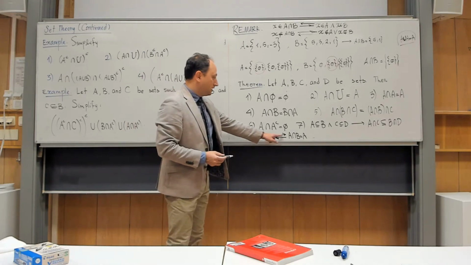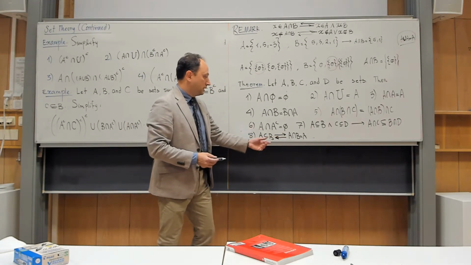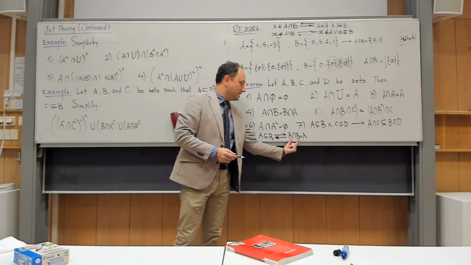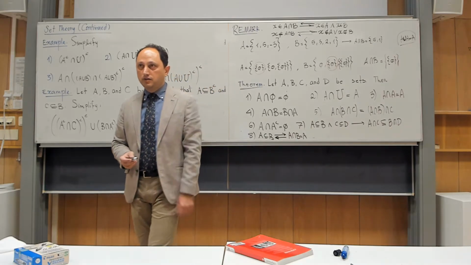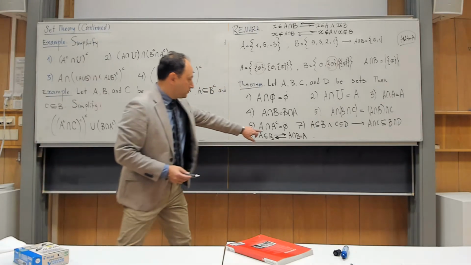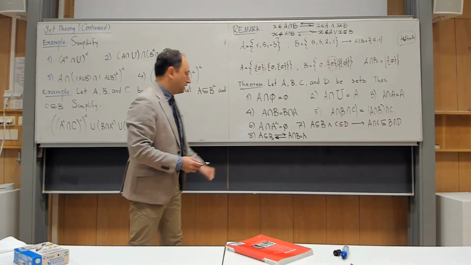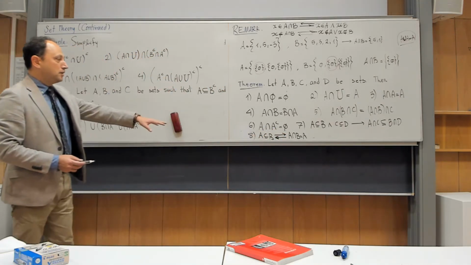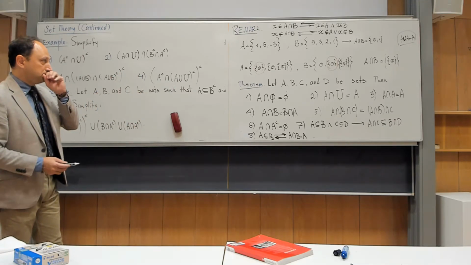So this one is more or less trivial. The other one is also very interesting to know. If the intersection of two sets is equal to one of them, that one is the smaller one. Okay, so this one is more or less easily understandable. This is also easy, but you need to work a little bit. So these are the properties. You see, they are actually analogs of the union of the sets.